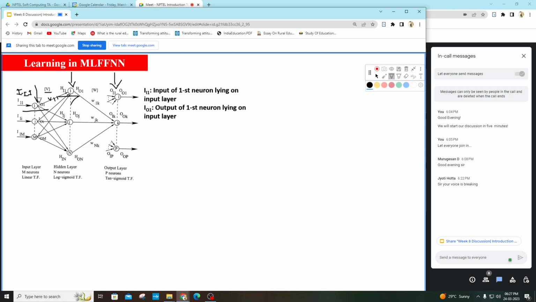That means the first neuron of the input layer is attached to the first neuron of the hidden layer. So V11. Similarly here we can say it is V1j. This line you can see is V1j, right? Because we are attaching the first neuron of the input layer with the jth neuron of the hidden layer. So Vij. Similarly, you can name all of these, like this is V1n.